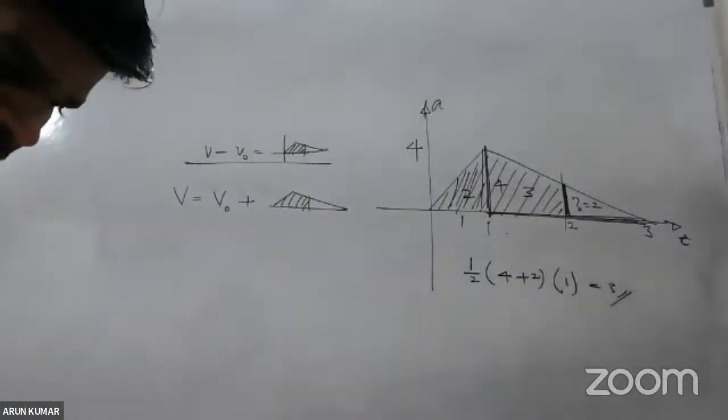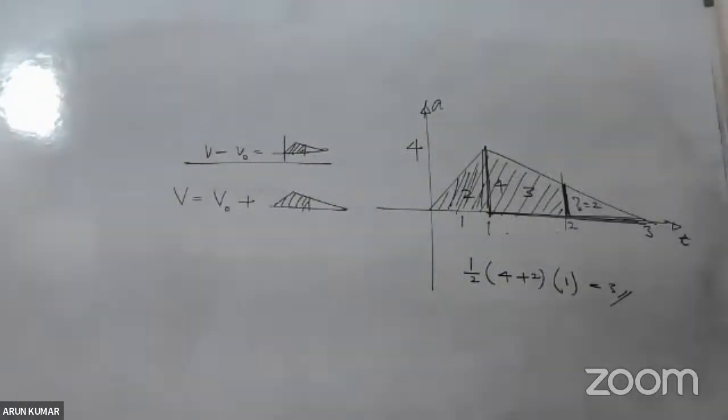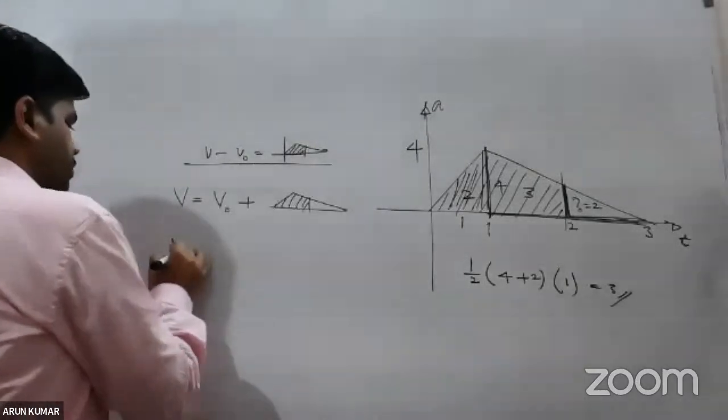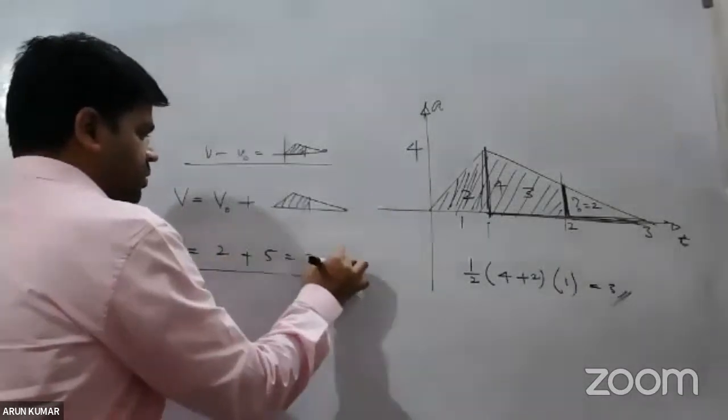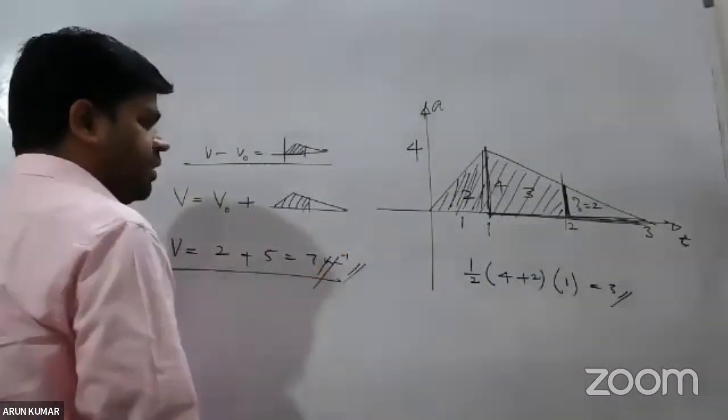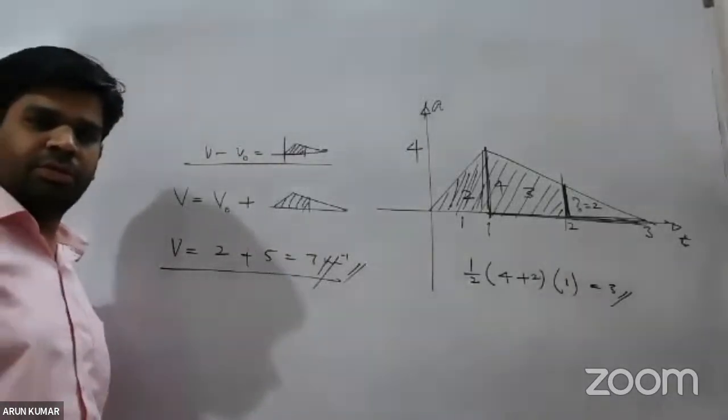So what's the total area? 3 plus 2, 5. So V is equal to 2 plus 5, which is 7. 7 meters per second is my velocity at the end of 2 seconds. Alright?